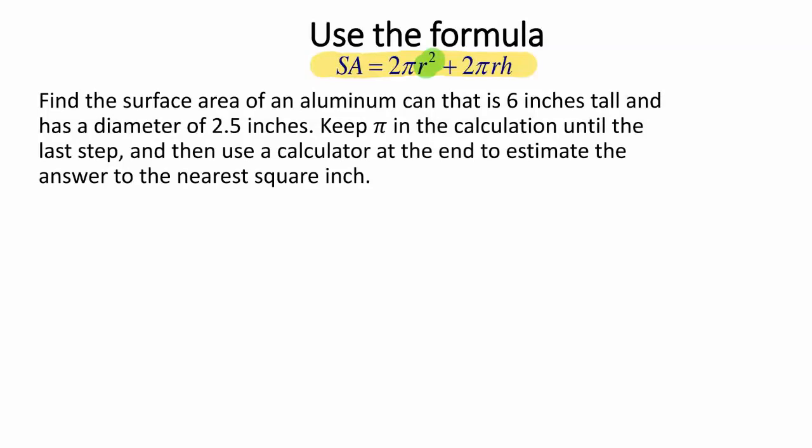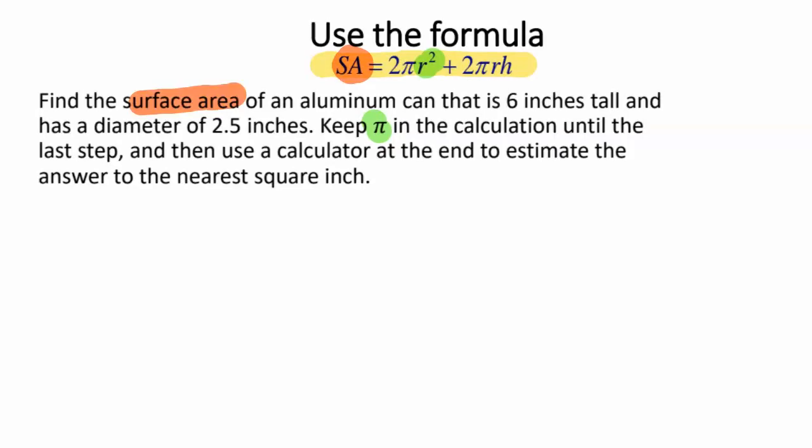And that's why you're going to need a pi key on your calculator. You can't use 3.14 here, because if you use 3.14, you can be slightly off in an answer. Now, it says, find the surface area. Surface area happens to be this SA. That's what surface area means.